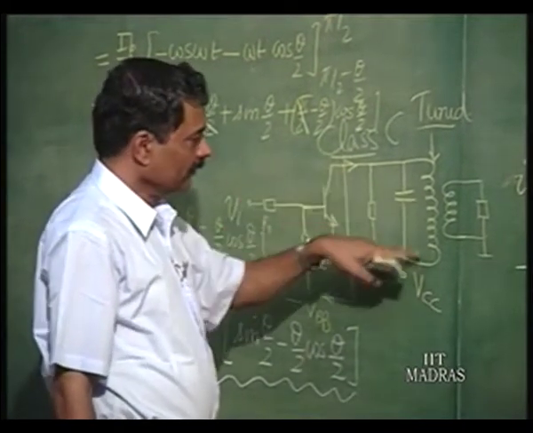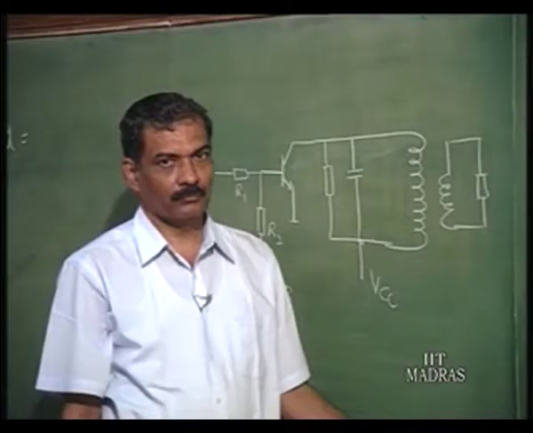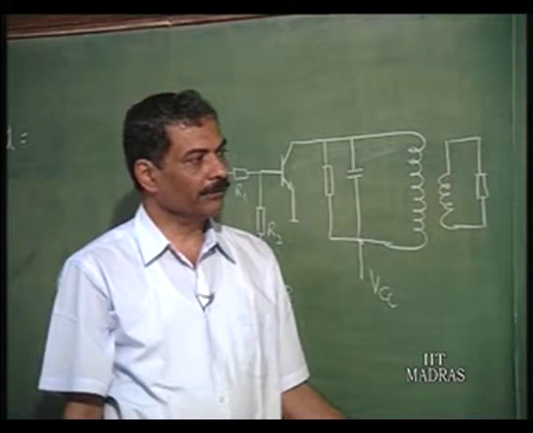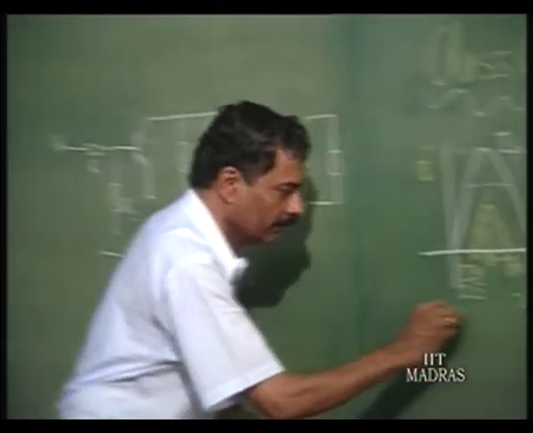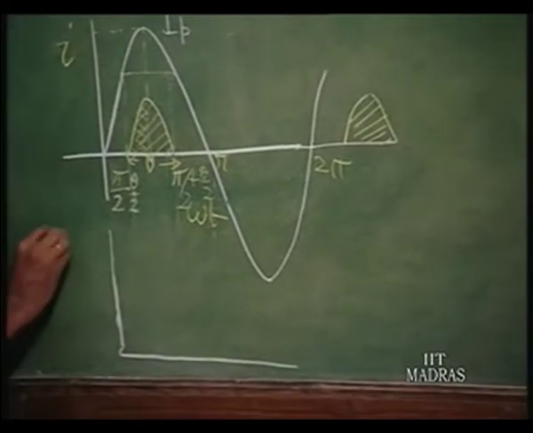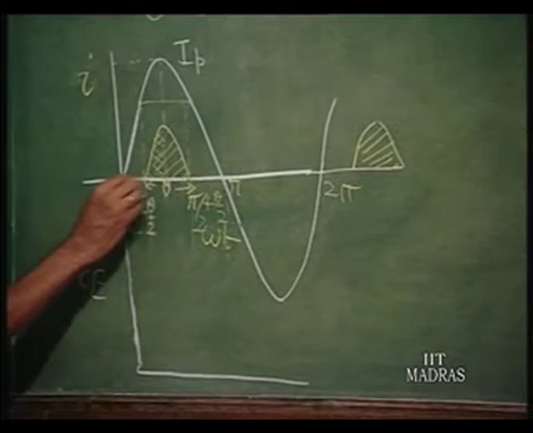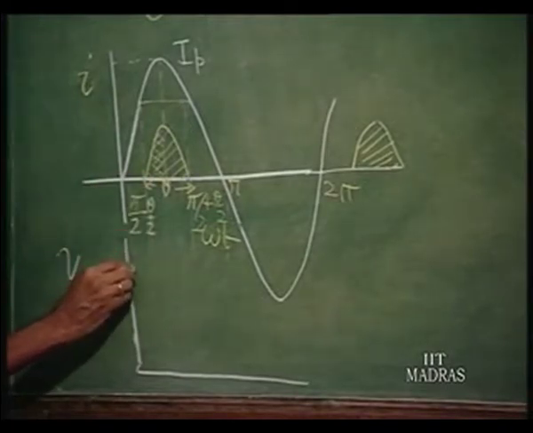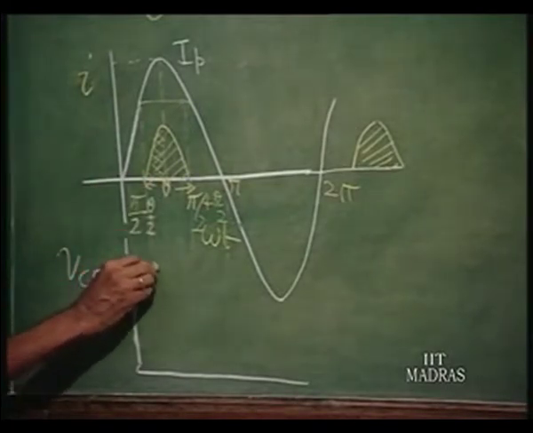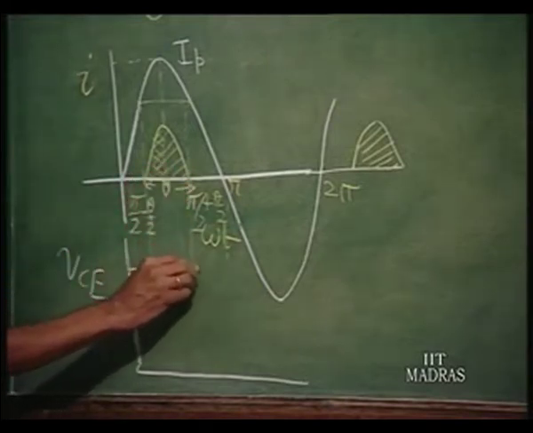Okay. This is a coil here. So, the potential here is going to be VCC, no current is there. So, if you now plot the voltage VCE as a function of time, it will start at this point with VCC because there is no current all the way up to this point.